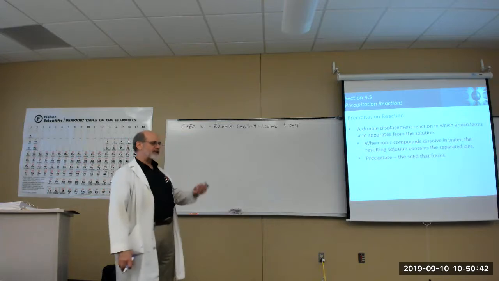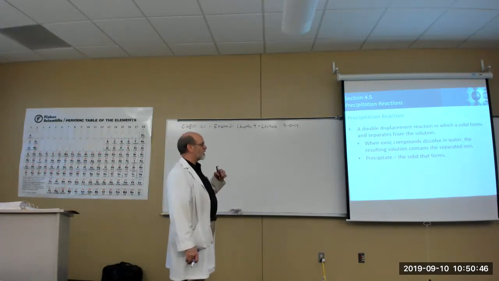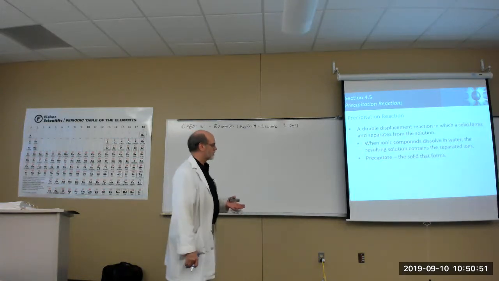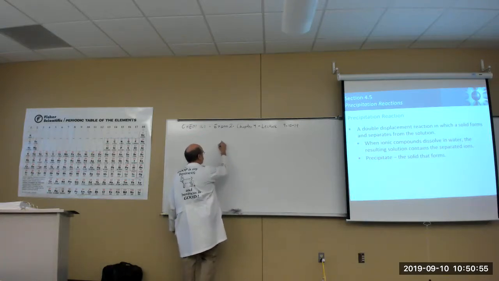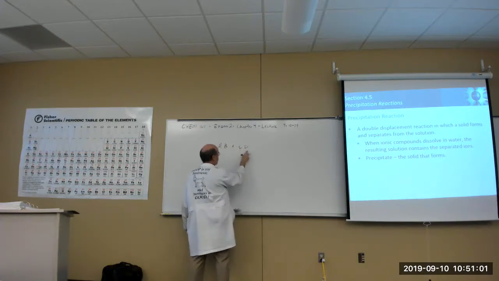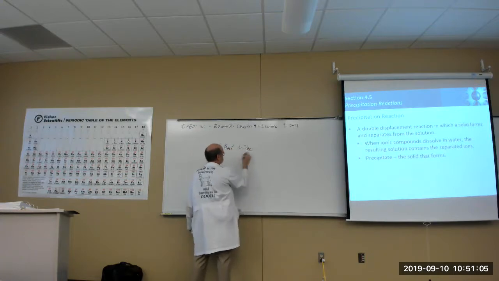Okay, so a precipitation reaction typically takes the form of a double replacement reaction in which a solid forms. So generically speaking, if we have a compound that's a cation and an anion combined with another compound that's a cation and an anion, and they're both soluble, right?